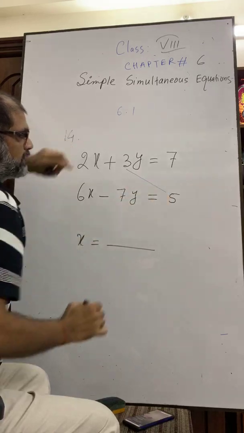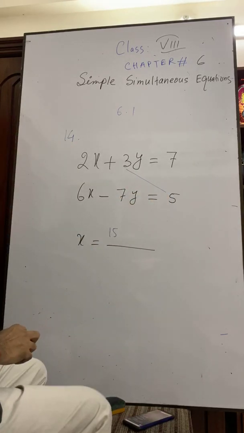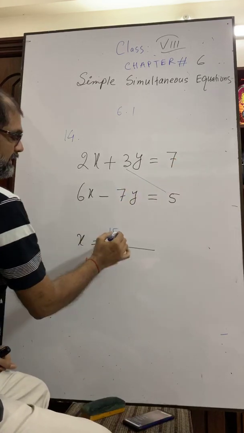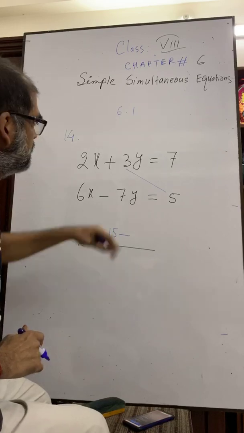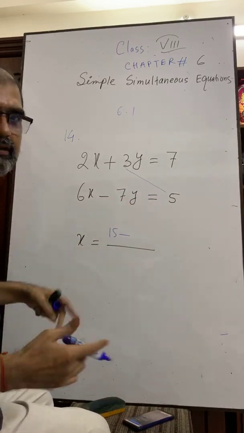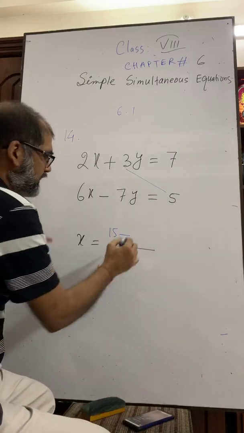3 into 5, 15. 7 into 7, there is a formula, minus, every time you give minus sign. 7 into minus 7, what? Minus 49.